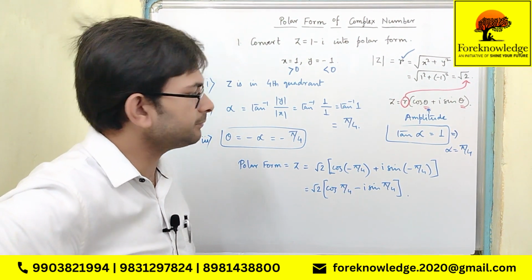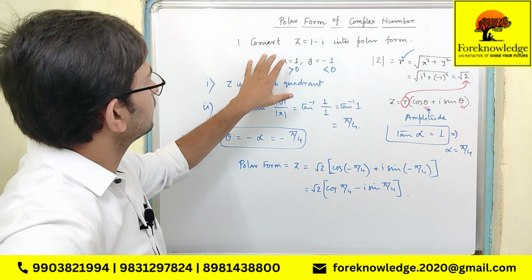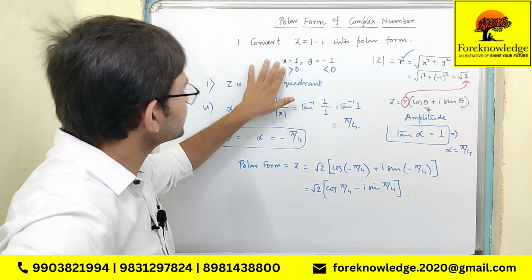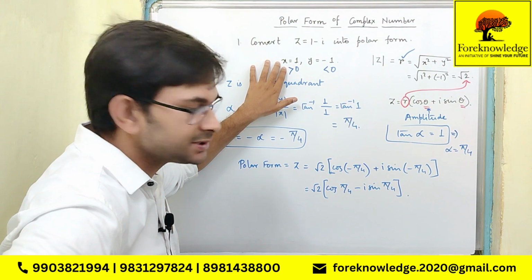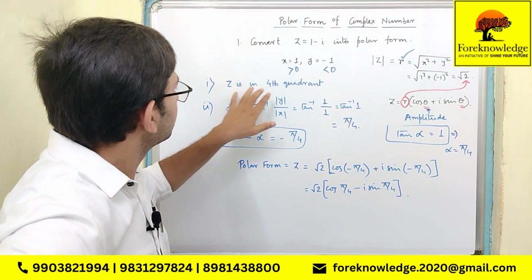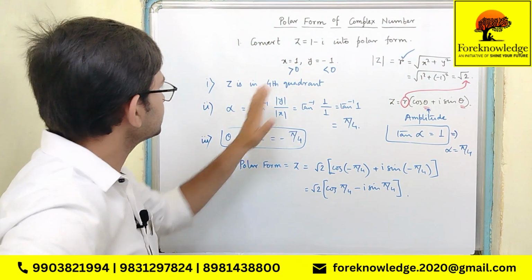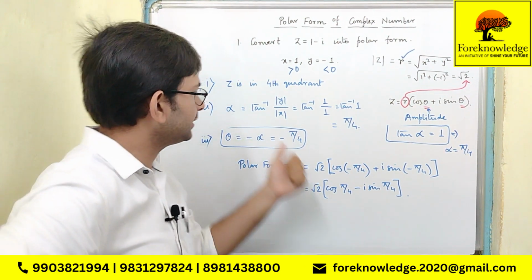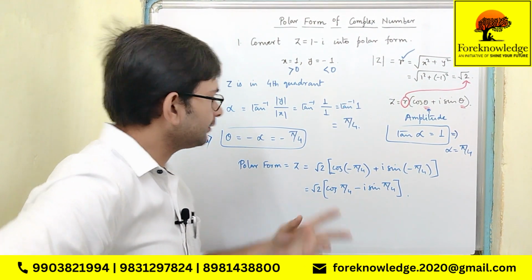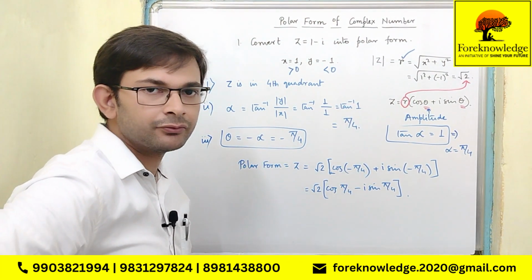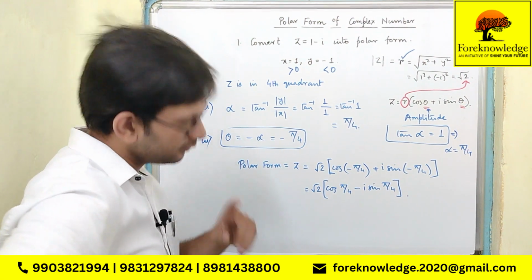Got it? Simple. Just look at the complex number and understand in which quadrant it is lying. Here I have identified it as the fourth quadrant. Now once you get the fourth quadrant, calculate the angle in terms of the first quadrant, that means mod y by mod x. We are getting pi by 4 as alpha, and follow the table.